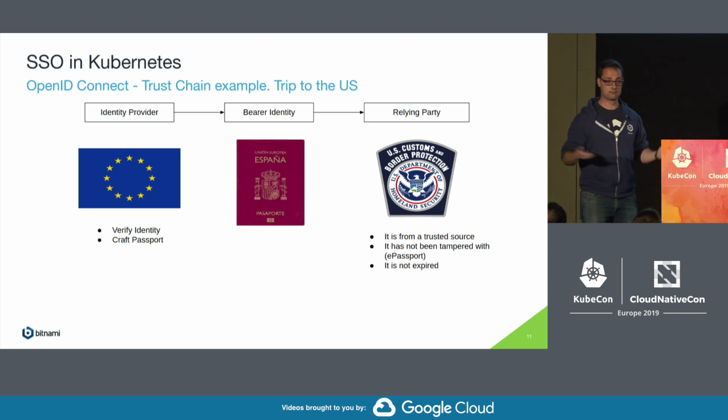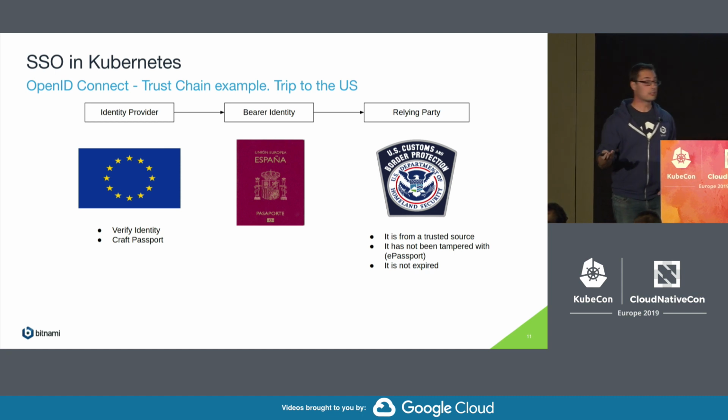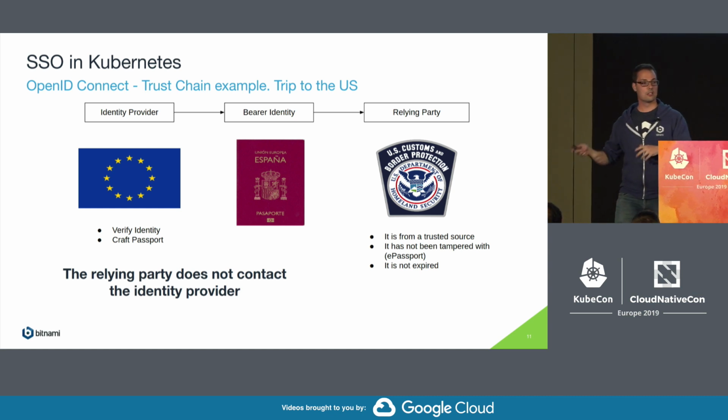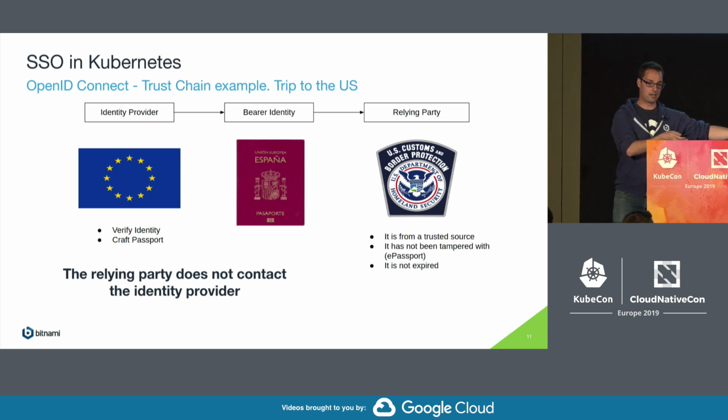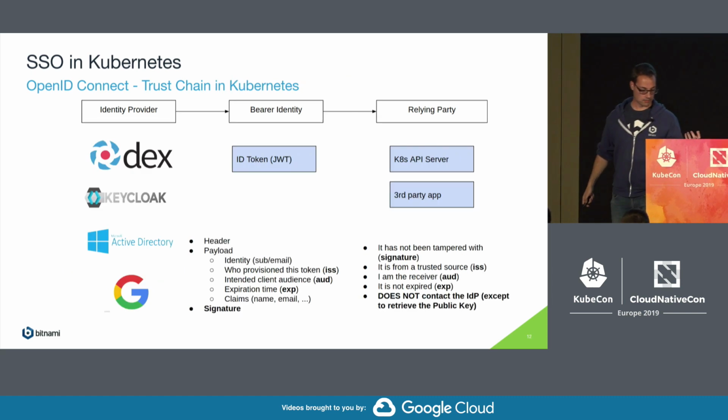They will say, sure, we still accept Spanish passports. It hasn't been tampered with. They will check if it's an e-passport, or that no pages have been broken, and that it is not expired. The key takeaway here is that US Customs, in theory, doesn't contact Spain for every single Spaniard that goes to the border. There is a mechanism already in place to validate those passports.